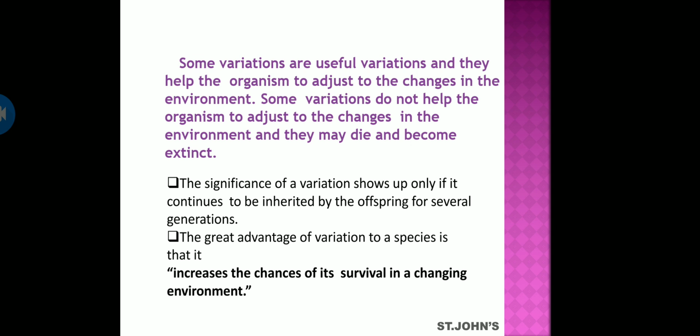The characteristic is transmitted throughout the generations, and this shows that there is a particular importance for that variation. If the species won't be able to survive, obviously that shows that there are some variations which do not help the organism to adjust in that particular environment. So by this you can conclude whether it is a blessing or a curse, just by the transmission of the characters from one generation to the other generation.